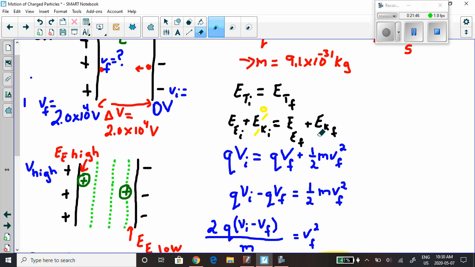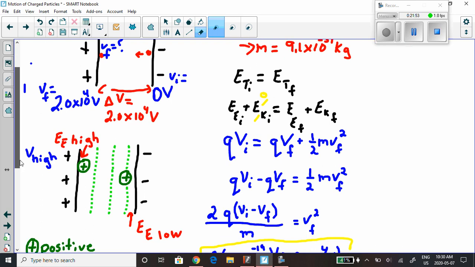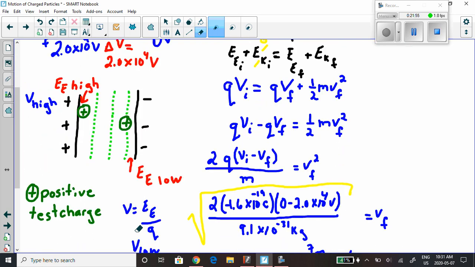So you have to remember the relationship between electric potential energy and voltage. I wrote it for you right there. See it? So if you rearrange this equation, you get electric potential energy is equal to voltage times the Q that would come up.